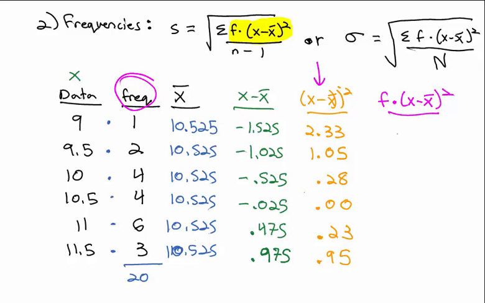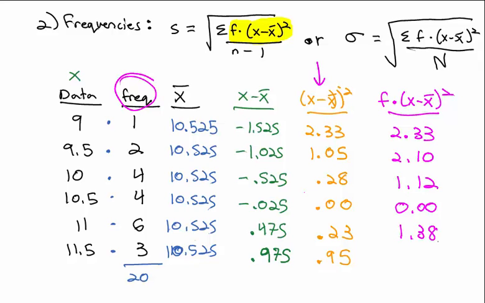So 1 times 2.33 is 2.33. 2 times 1.05 is 2.10. 4 times 0.28 is 1.12. 4 times 0 is 0. 6 times 0.23 is 1.38.